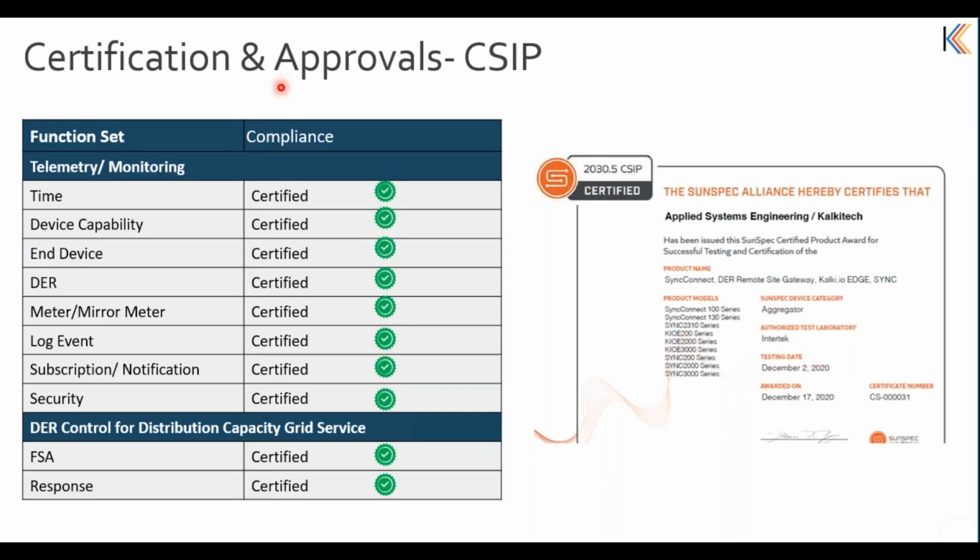And the stack is also certified by SunSpec for CSIP, that is the Common Smart Inverter Profile released by SunSpec for the US. And this has been tested for all the mandatory and optional function sets as specified in the 2030.5 CSIP standard.